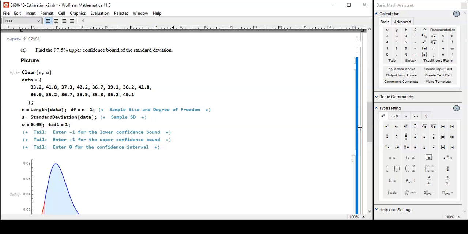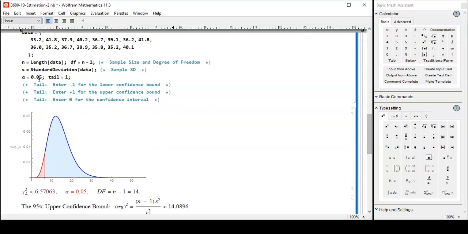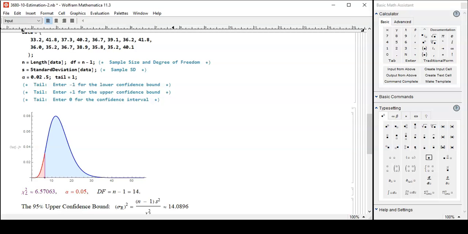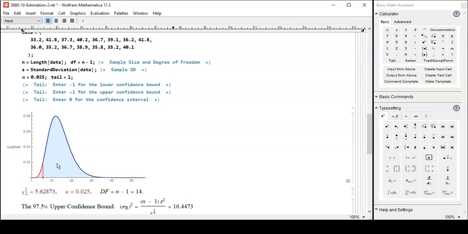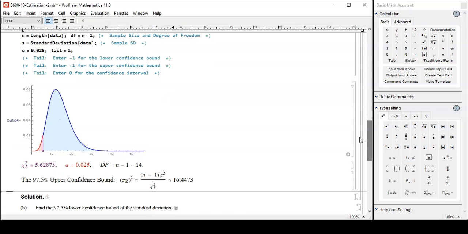And then let's change this one to 97.5% upper confidence bound. So blue got a little bit larger, and this one shrunk from 5% to 2.5%. We want upper confidence bound, so this is to the left.